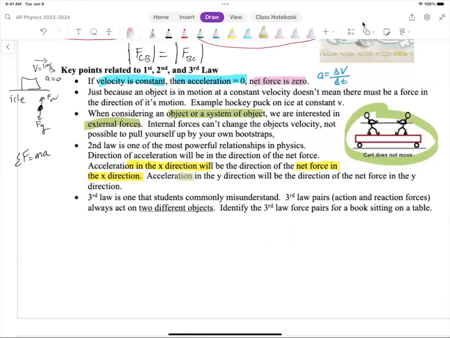If you determine the acceleration in the y direction is negative, then the net force in the y direction will be negative, okay? If you find that the object has an acceleration at 53 degrees above the horizontal, then the net force will be at 53 degrees above the horizontal. The direction of acceleration has to be in the direction of the net force.